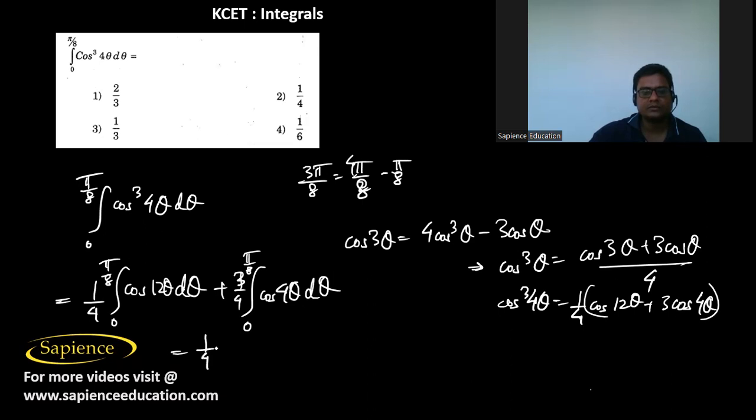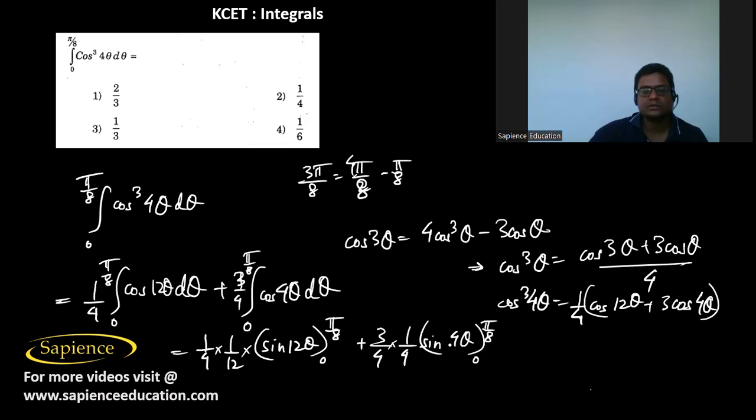This will be 1 by 4 into 1 by 12 into sine 12 theta, and that will go from 0 to pi by 8, and plus 3 by 4 into 1 by 4 into sine 4 theta, and that will go from 0 to pi by 8. So this will be 1 by 48 into sine 12 pi by 8, and plus 3 by 16 into sine 4 pi by 8.